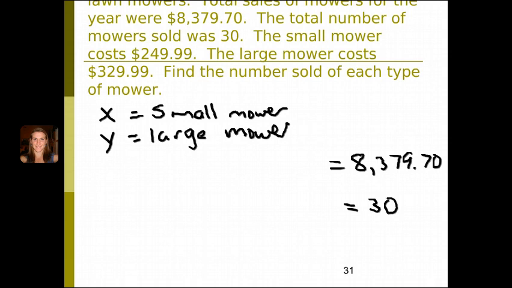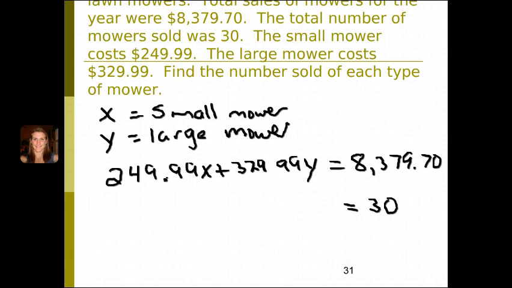So $249.99 times the number of small mowers sold plus $329.99 times the number of large mowers sold will give you the total that was sold. This is the total number of mowers. So just X plus Y, the number of small mowers plus the number of large mowers, will equal 30.